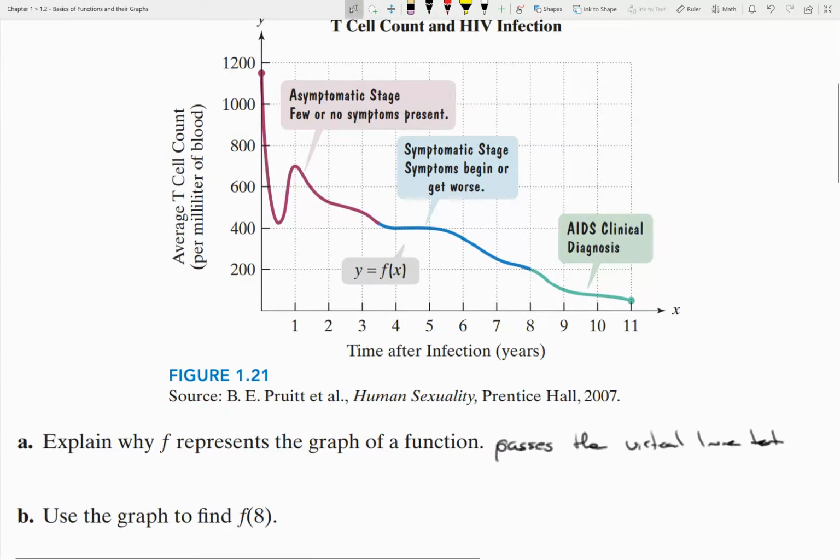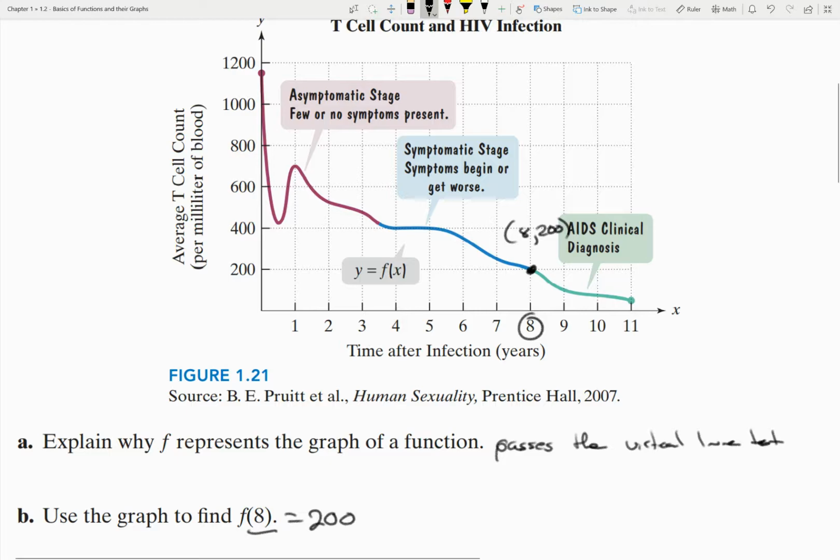Okay, find f of 8. 8 is the input. 8 is the x value. Where is the graph at 8? There's my coordinate that has a first coordinate of 8, and it looks like the second one is 200.